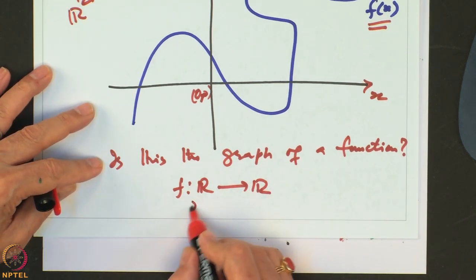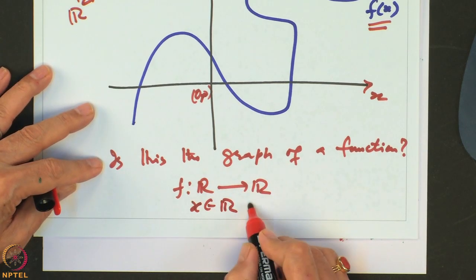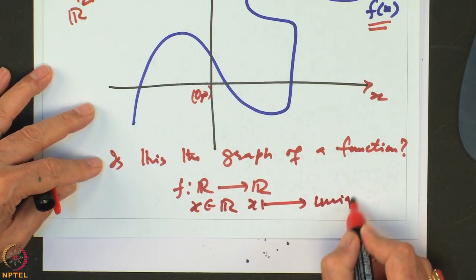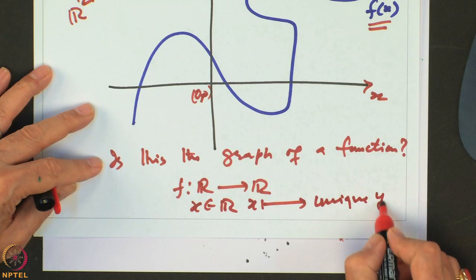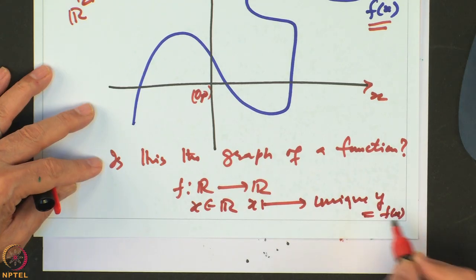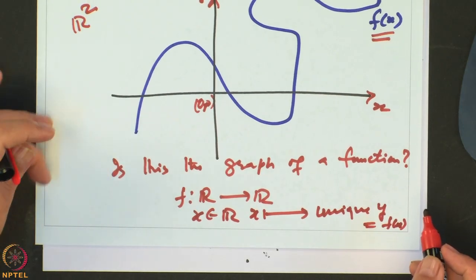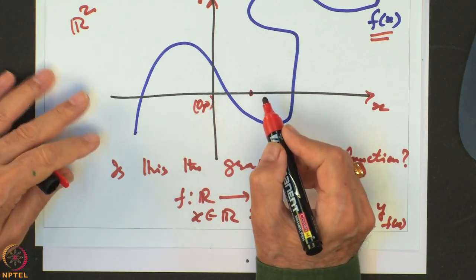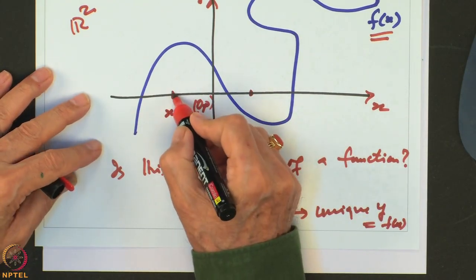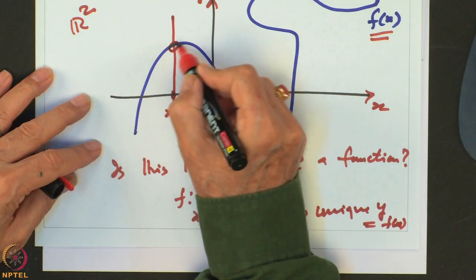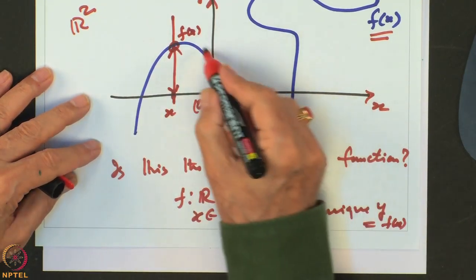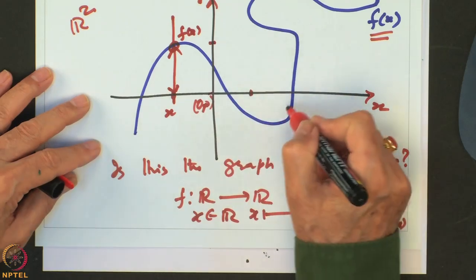For every x belonging to R, x should go to a unique y equal to f of x. And how do we find, for any point x, what is f of x? I draw a vertical line. This is my f of x, this height.